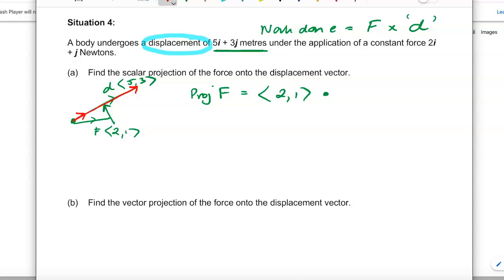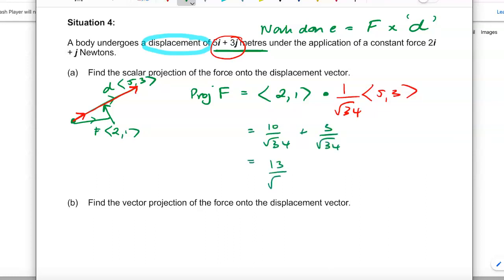So if we have a look at the displacement 5,3, the unit vector for this is going to be 1 over the magnitude of 5,3, which is going to be the square root of 34. And that's going to be scalar product with the force vector 1. So we end up with 10 on root 34 plus 3 on root 34, which gives us 13 on root 34.